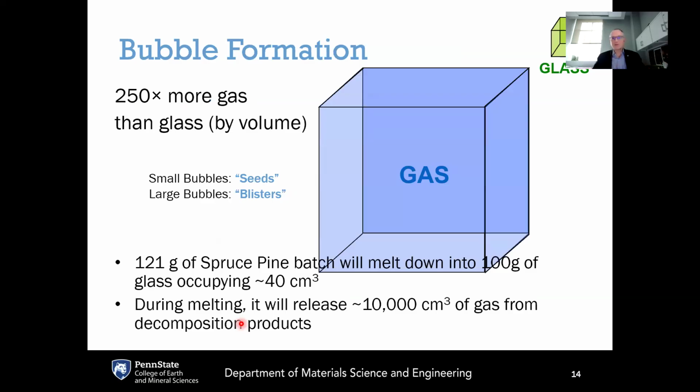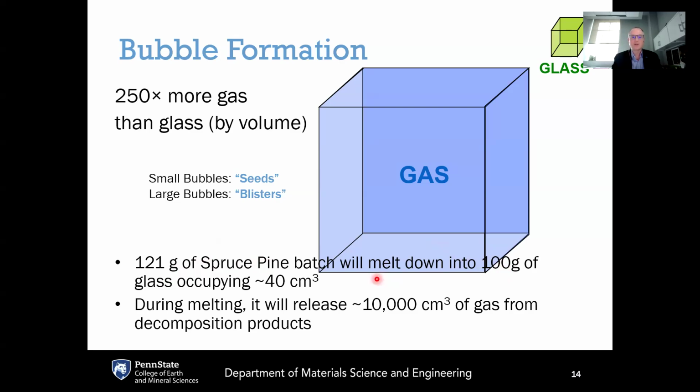Well, let's take a closer look at gaseous defects. If you've got a typical soda lime batch, such as this so-called Spruce Pine batch, which is a form of soda lime that artists use, if you melt 121 grams of that batch, it will melt down to just 100 grams of glass and then 21 grams of gas that gets released.